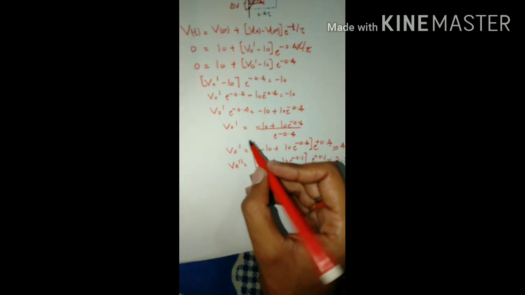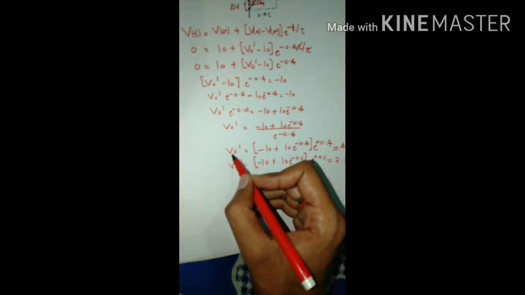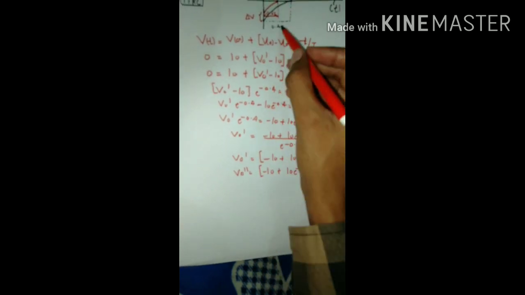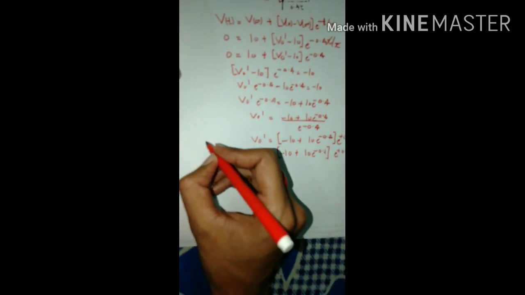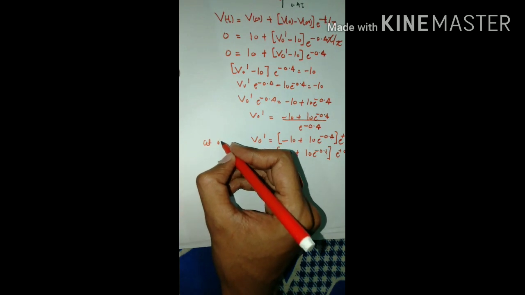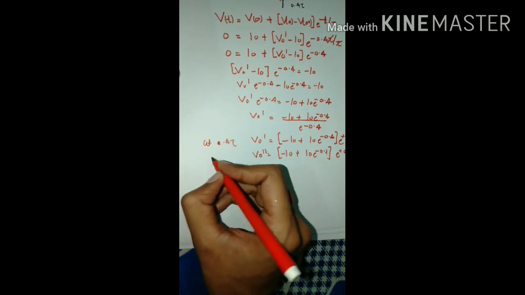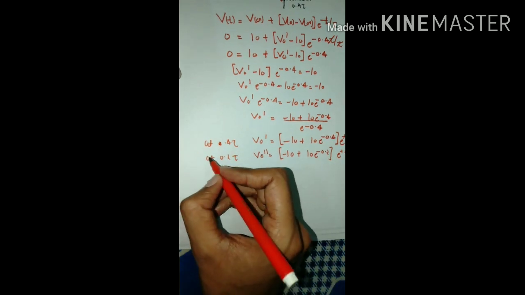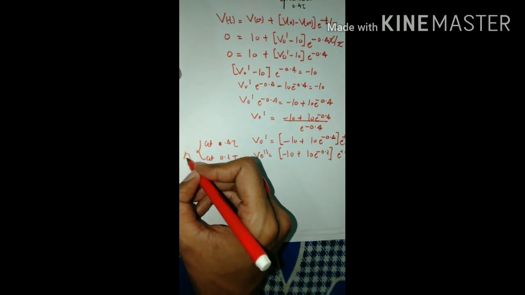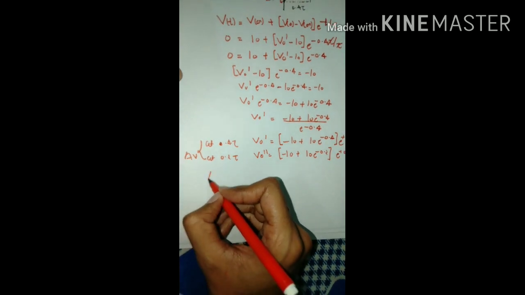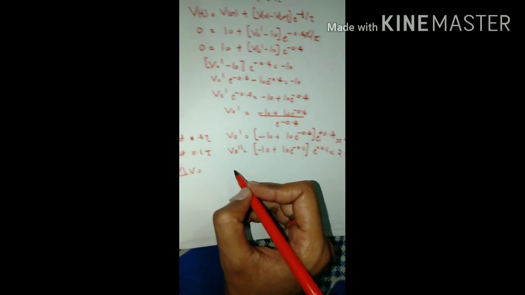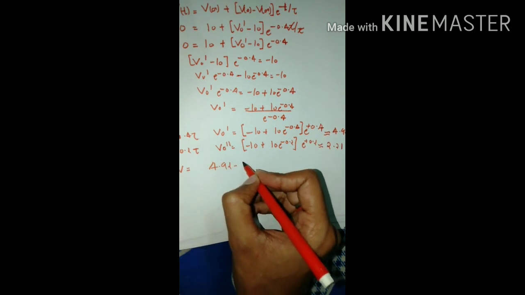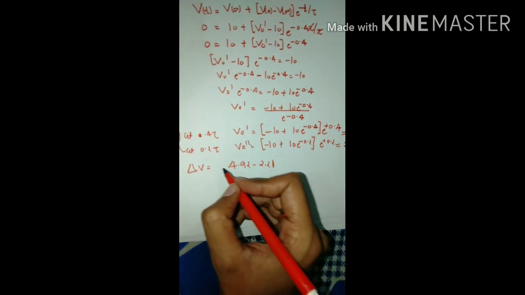Now we get the initial voltage of capacitor, V naught dash or V naught double dash, at 0.4 tau and at 0.2 tau. So we have to determine the change, the difference, which is 4.92 minus 2.21. This is the change.